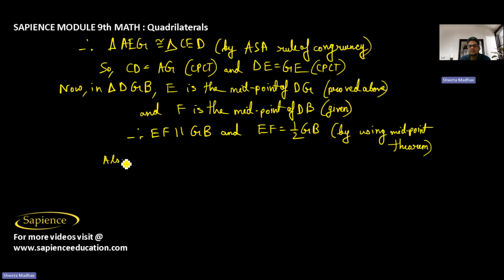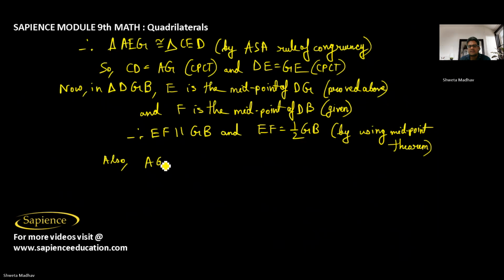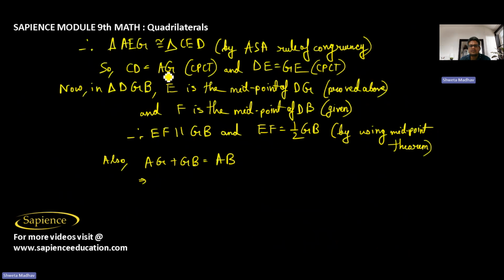And also we can see that AG plus GB is equal to AB. We have proved that AG is equal to CD, so CD plus GB is also equal to AB.